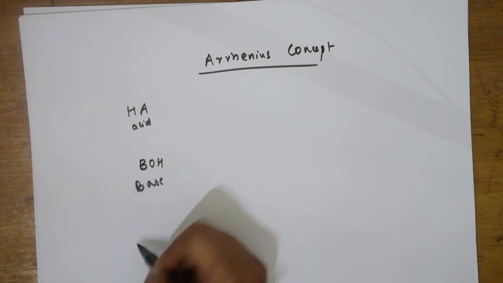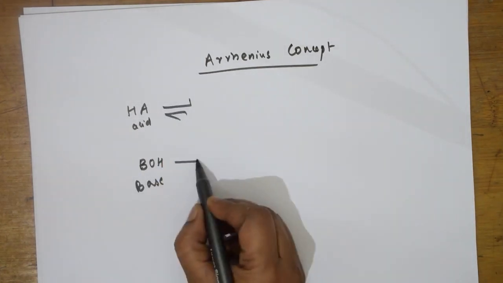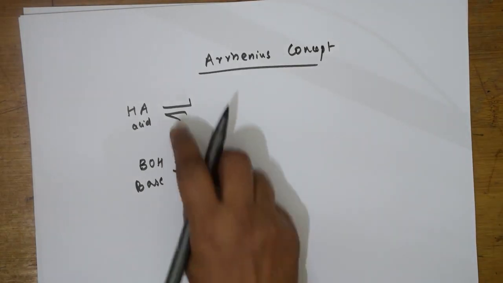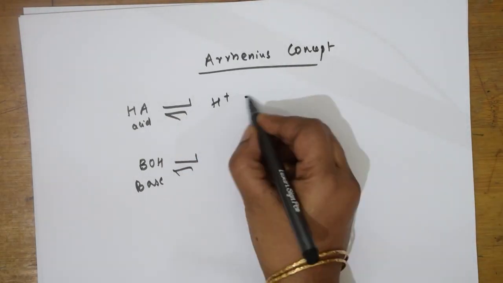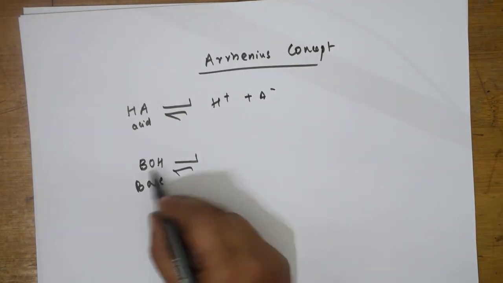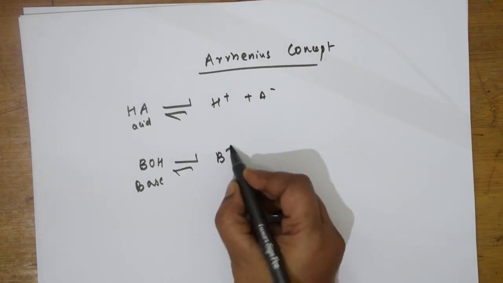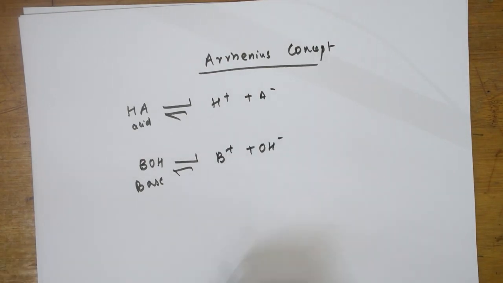When the acid dissociates in water, it breaks up into H plus and A minus. When the base dissociates in water, it breaks up into B plus and OH minus.